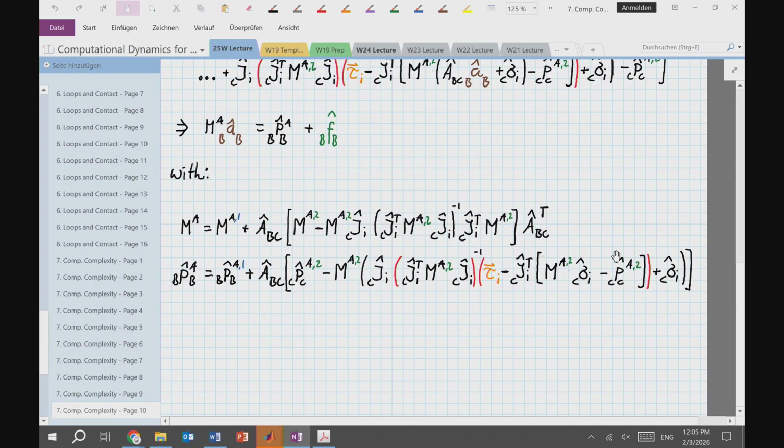To compute these, I'm manipulating 6 by 6 matrices. There's some Jacobians involved, but roughly speaking, this is somewhere between 1 and 6 dimensional. So it doesn't scale with the number of degrees of freedom. This process of combining two articulated inertias to form a new, larger rigid body with one articulated inertia happens in constant time.